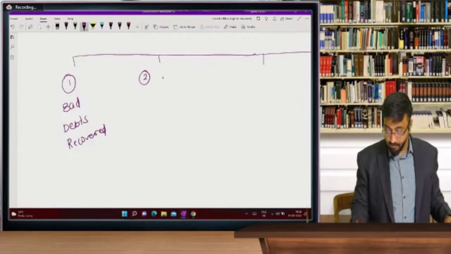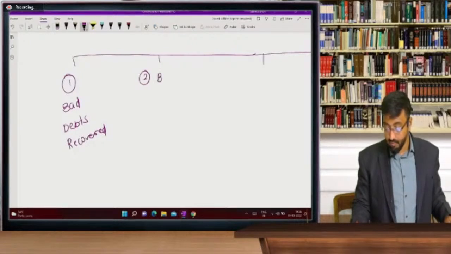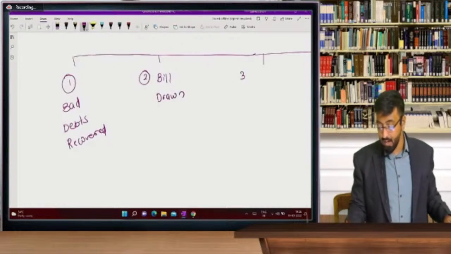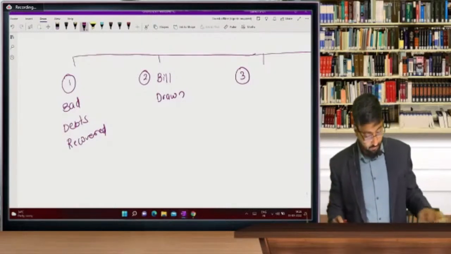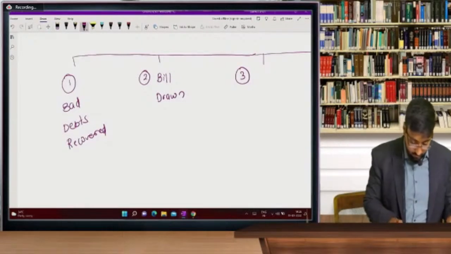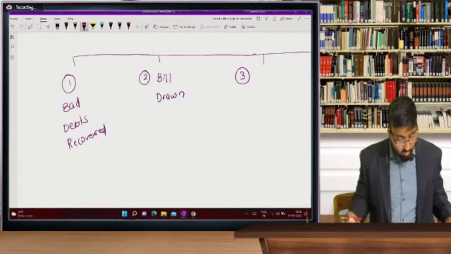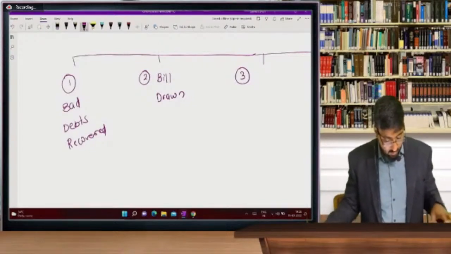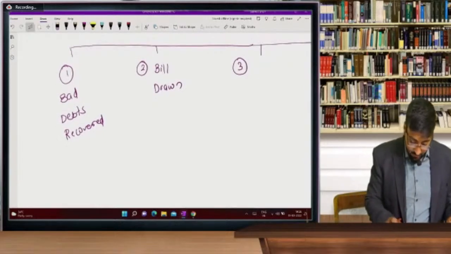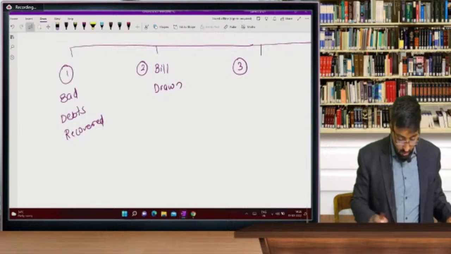Second question. Bill drawn. Bill drawn. Yes, Surya, your queries are reaching to me. First answer by Samriddhi Ranjan, student from CRO.